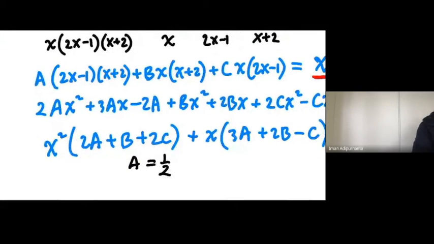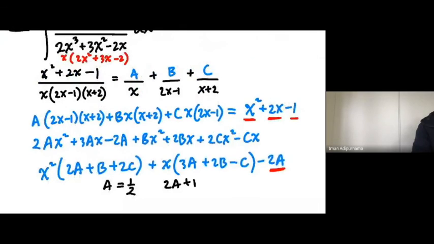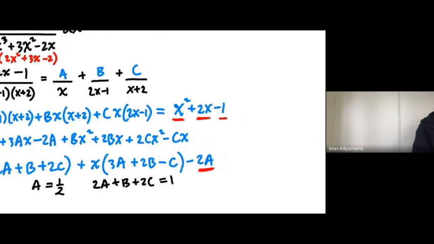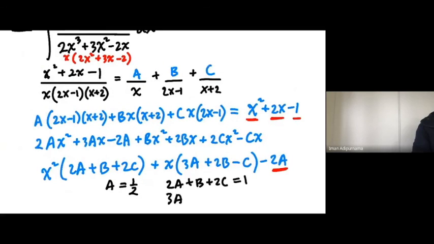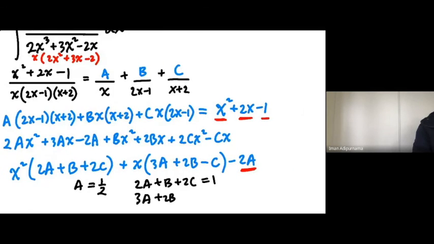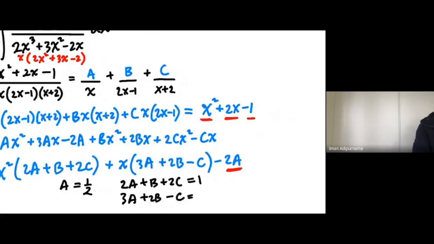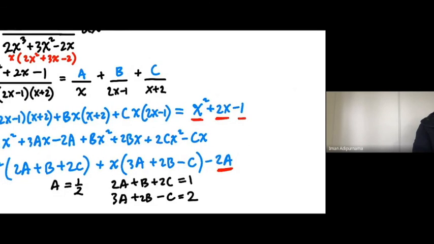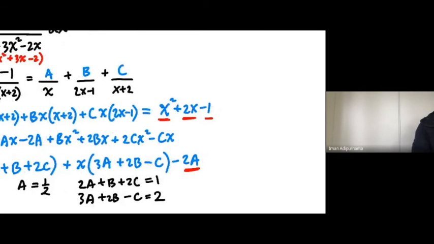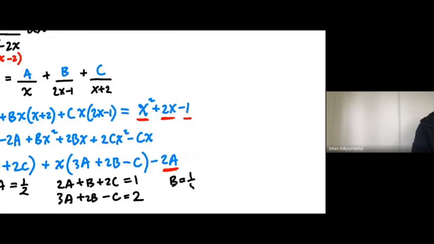And then 2a plus b plus 2c is 1, and 3a plus 2b minus c is 2. We solve this, okay? We get b is 1 over 5, and later c is 1 over 10.